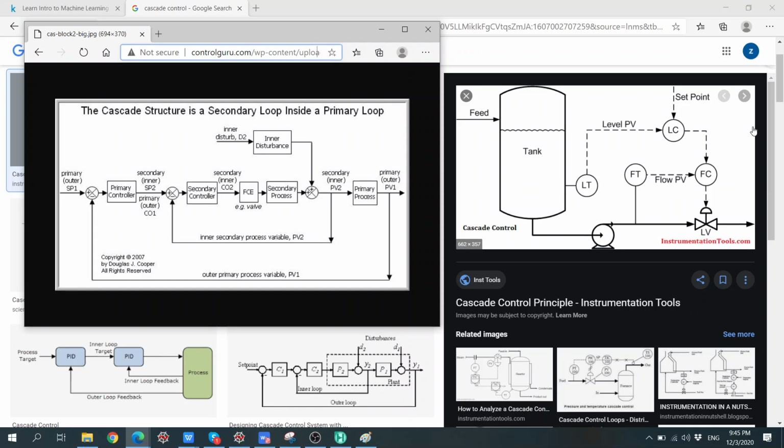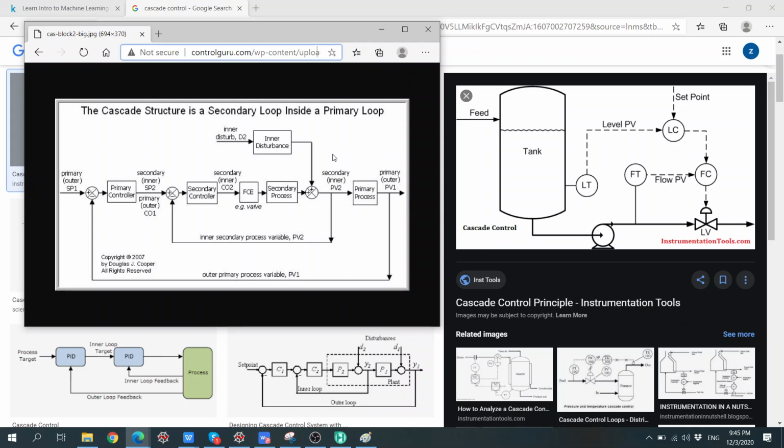I have never seen that. This is the common cascade control that we can see in the field as well. So we have only one inner loop, and then the outer loop: slave control, and then the master control. Okay.